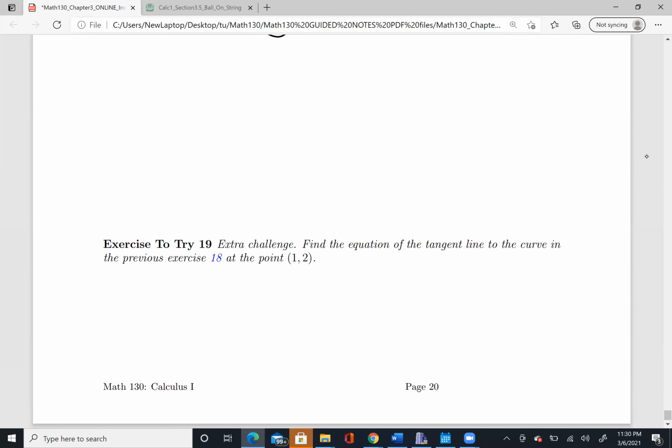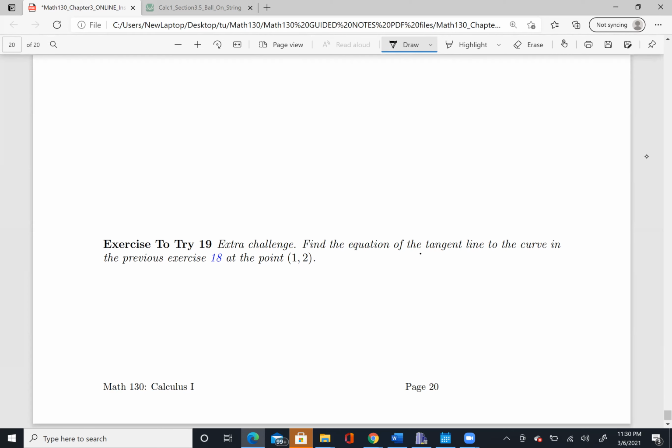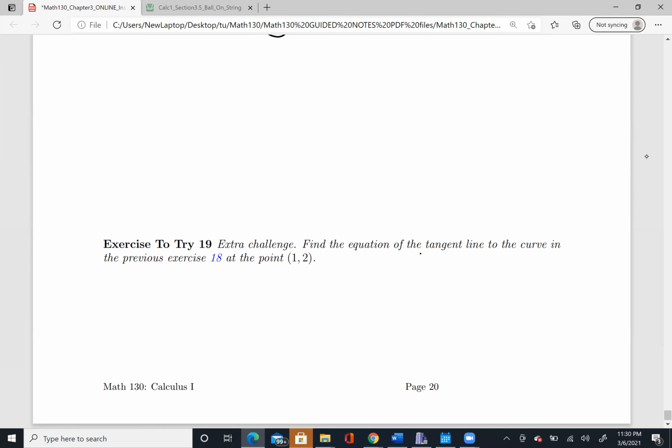Okay. So we also have exercise try number 19. This is an extra challenge, and what we do is find the equation of the tangent line to the curve in the previous exercise 18 at the point (1, 2). Firstly, you always have to think about finding dy/dx at the point (1, 2), right?